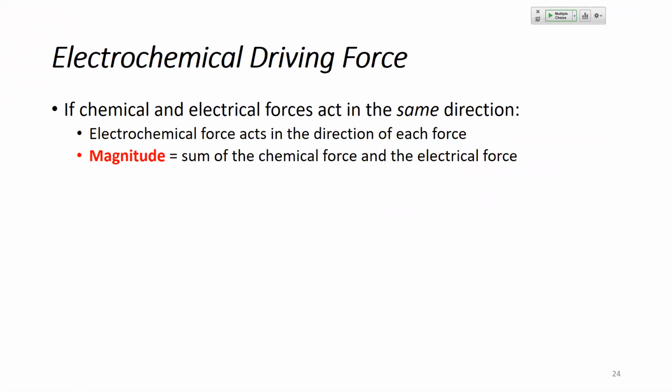Okay, the electrochemical force, which is the sum of both of those forces, will naturally act in the direction of each of those forces, which is the same. And the magnitude of that, or the strength of that force, will be the sum of the electrical and the chemical forces. Does everyone understand that?